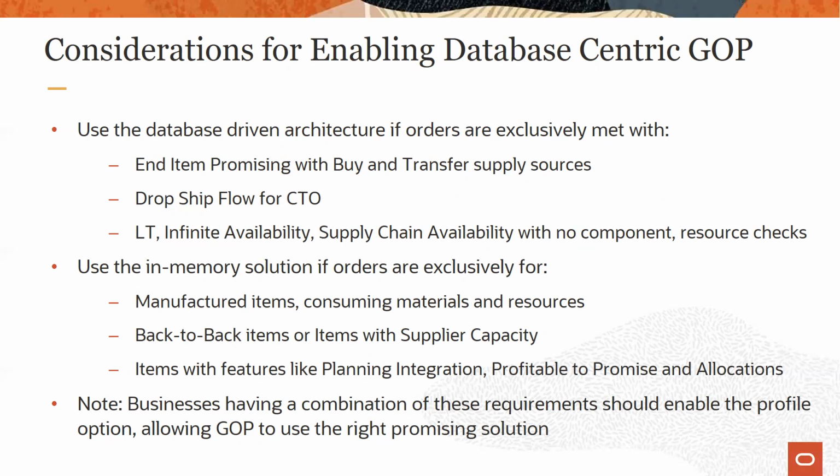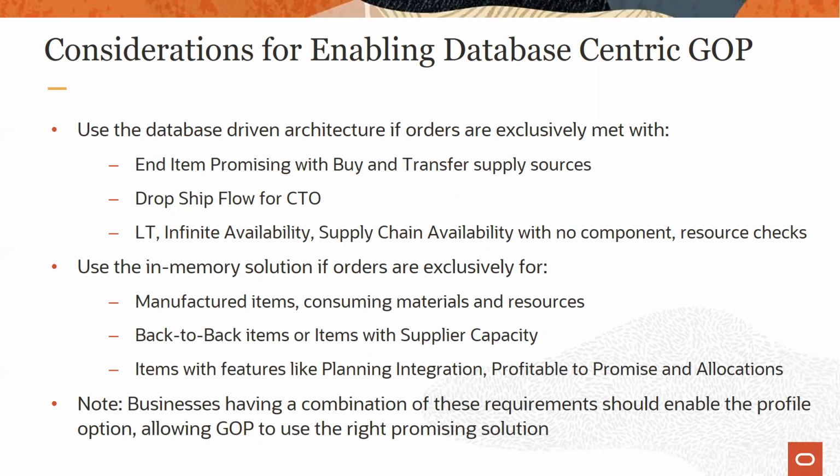Promising flows involving infinite availability or lead time based promising, or supply chain availability search based promising without component and resource checks. All these are supported out of the box in the database centric solution.